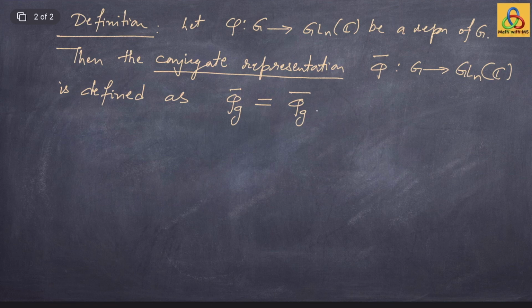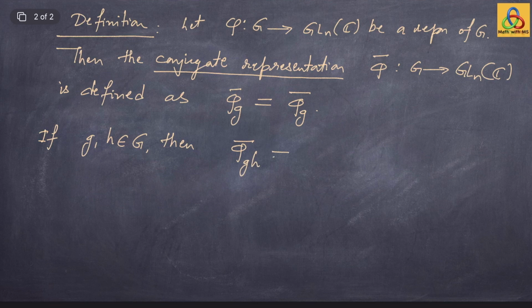My claim is that it is indeed a representation. First notice that if phi g is in GL n C, then phi g bar is also in GL n C. Let g and h be two elements of the group G. Then what is phi bar of gh?